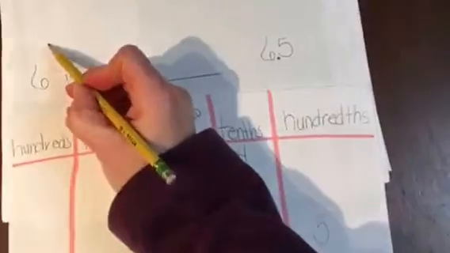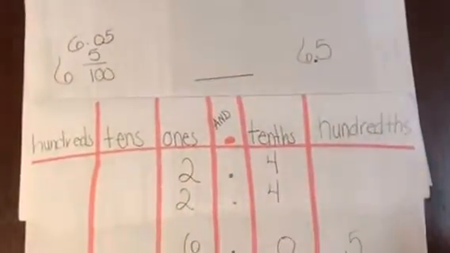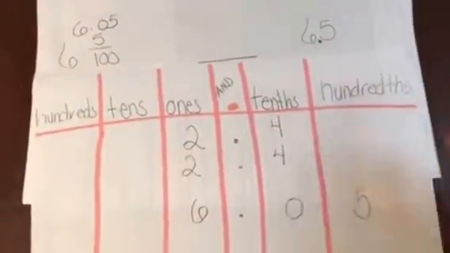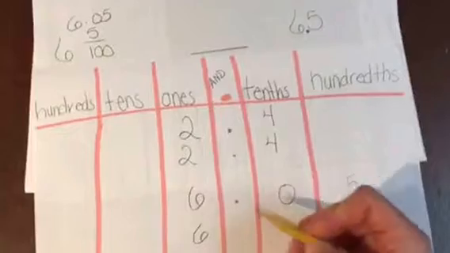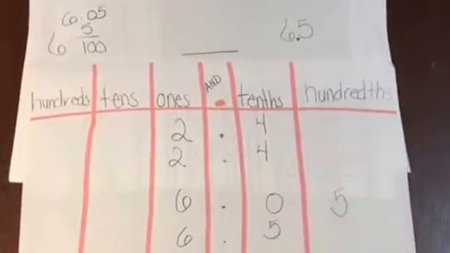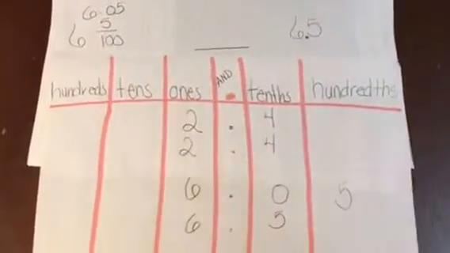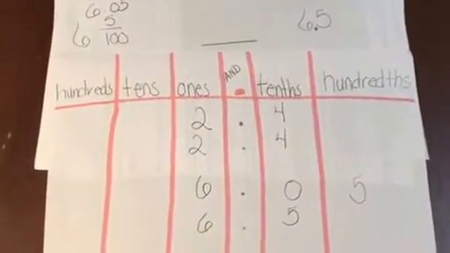Again, rewrite it above your original. Now I'm comparing decimal to decimal. Now you're going to put your 6 decimal 5 in. You're going to see which one is larger. If you know already, go ahead and put your symbol in your line. If you don't know already, let's talk it out.